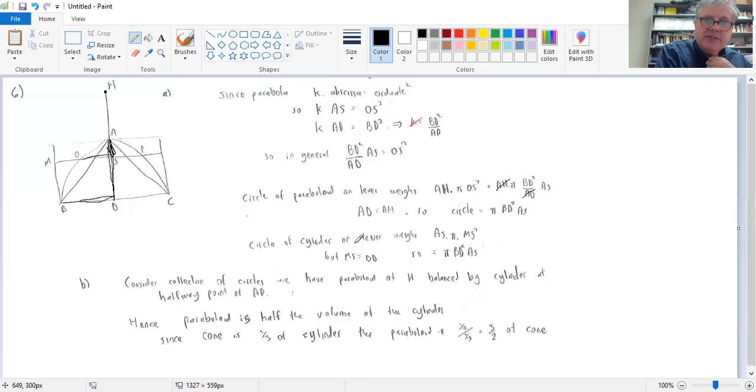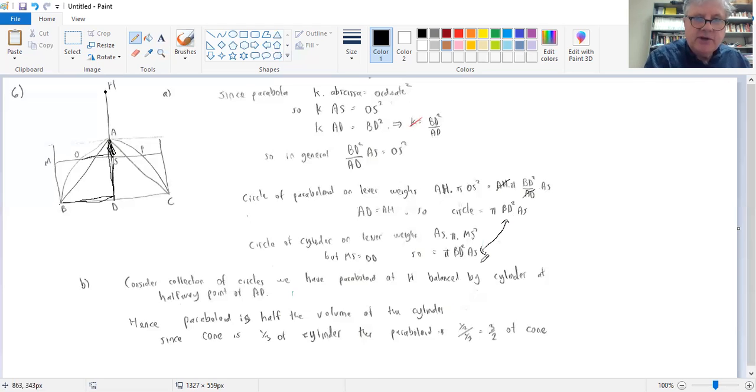The circle of the cylinder on the lever weighs AS times pi MS squared, right here. But MS is the same as BD, so it's pi BD squared AS, and so we see those two circles exert the same thing on the lever.